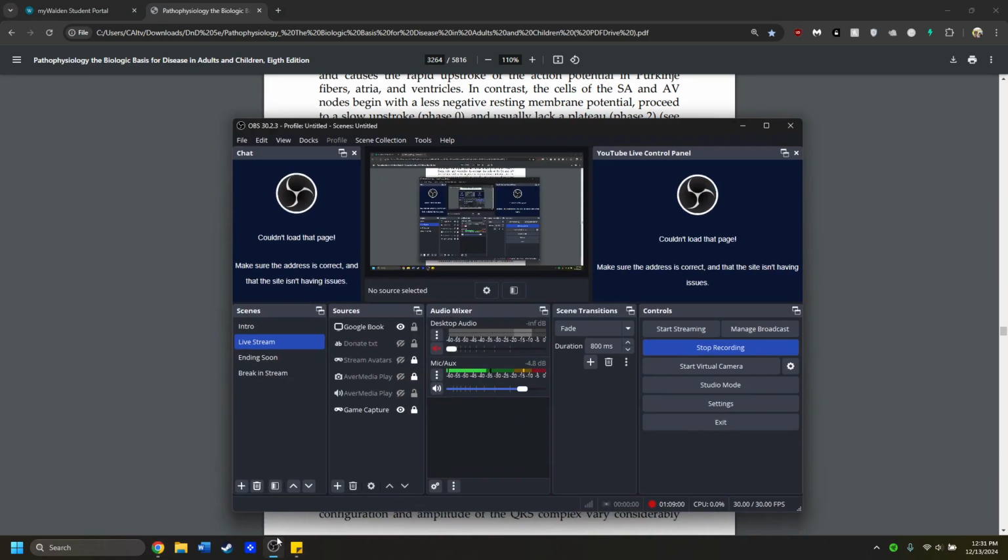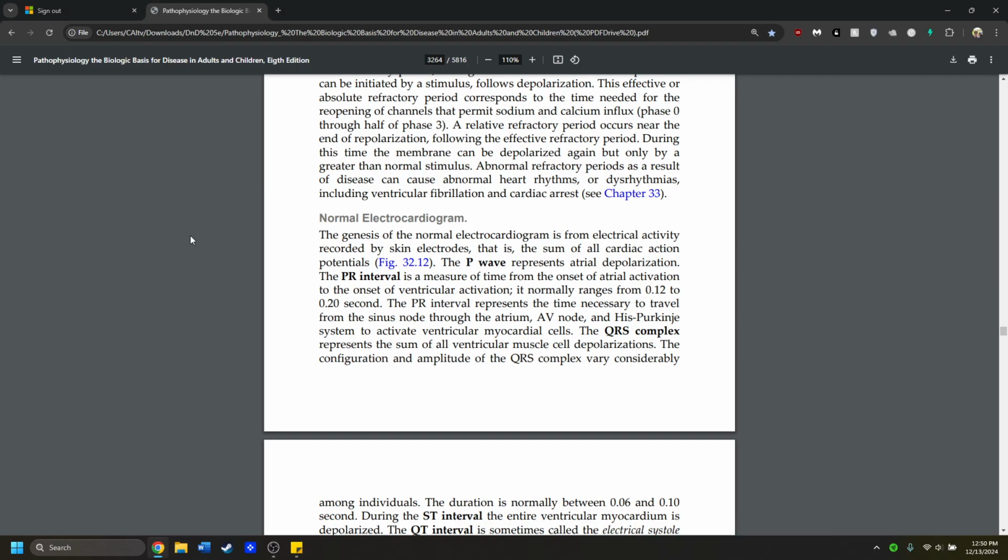Normal electrocardiogram. The genesis of the normal electrocardiogram is from electrical activity recorded by skin electrodes, that is, the sum of all cardiac action potentials. The P wave represents atrial depolarization. The PR interval is the measure of time from the onset of the atrial activation to the onset of ventricular activation.